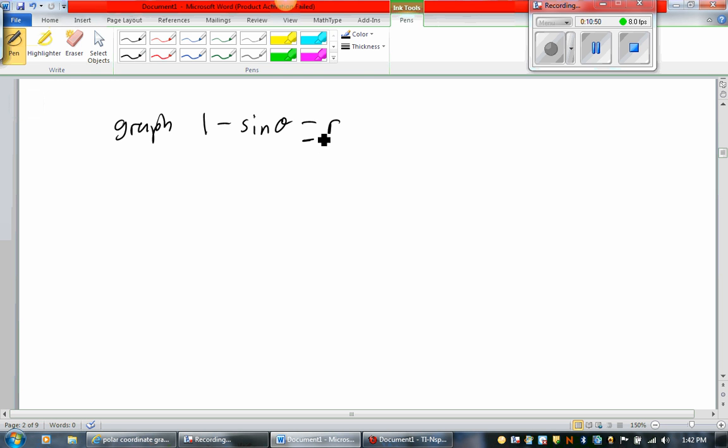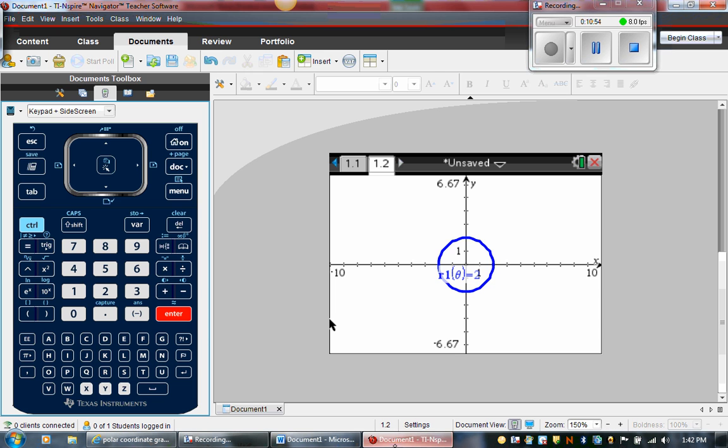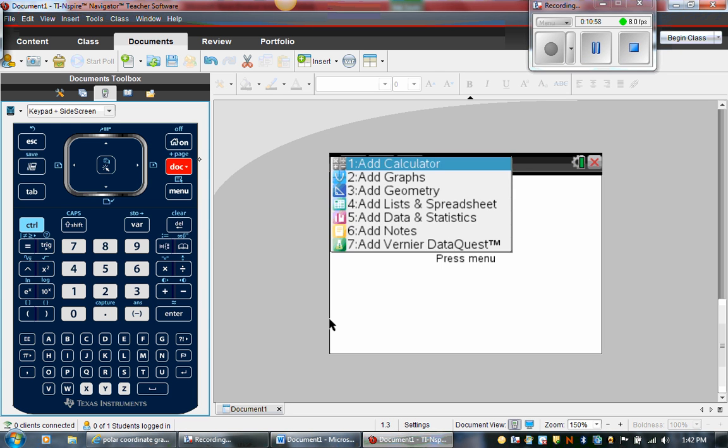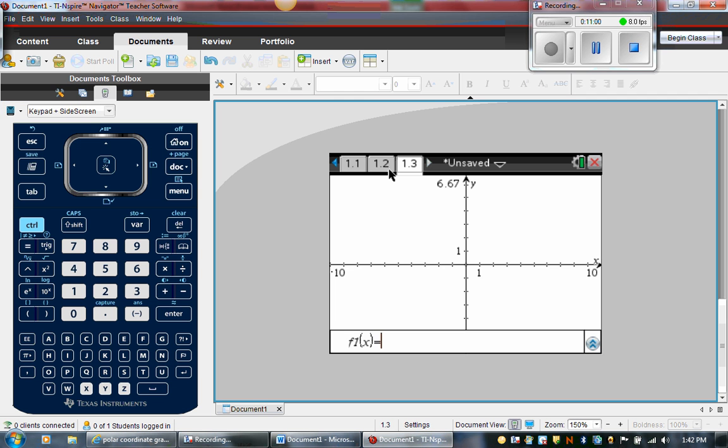Okay, if we want to graph this equation, you head over to our calculator page, insert a new graph. And now remember, we can't type it right in. This is assuming we're in rectangular plot. The x and f of x is, of course, y.